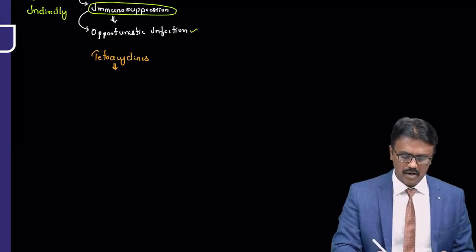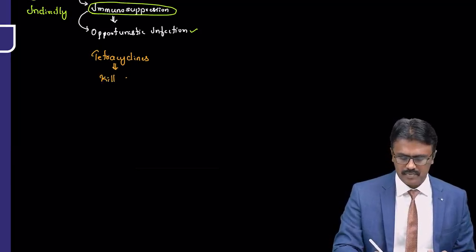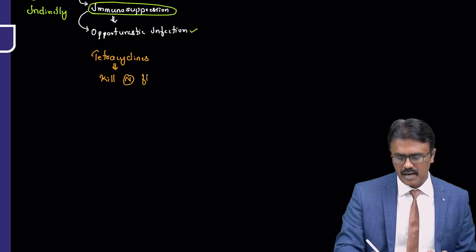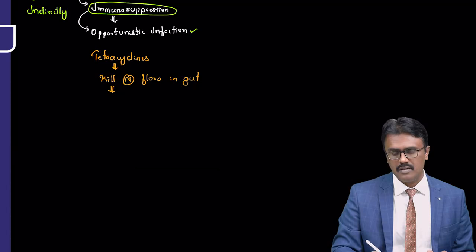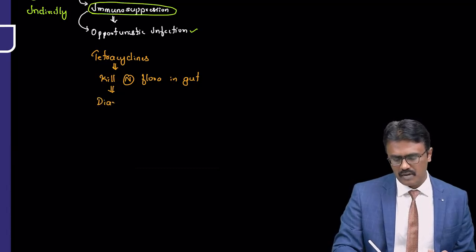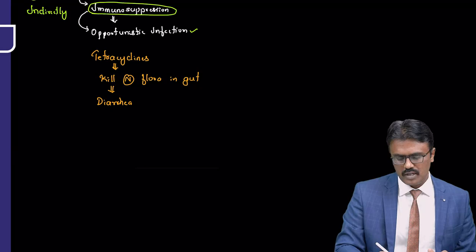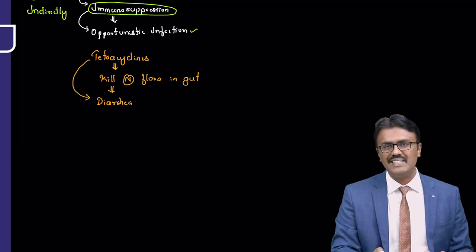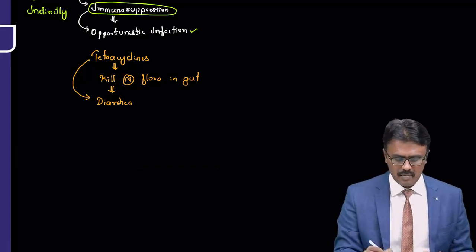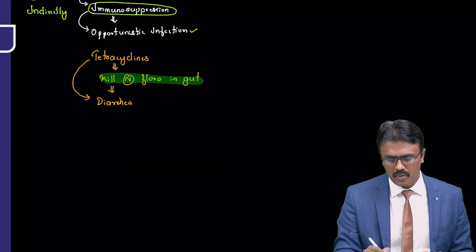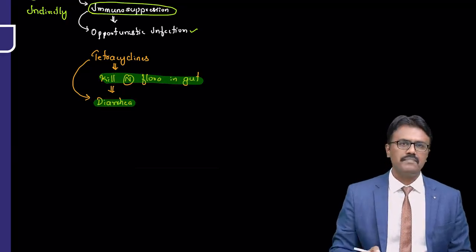So when they kill the normal flora in our gut, the normal bacteria in our intestine, what happens? The pathological bacteria proliferate and the patient complains of diarrhea. So tetracycline causing diarrhea is a secondary effect because it doesn't directly cause it. It kills the normal flora, the pathological flora grow up and they cause diarrhea.